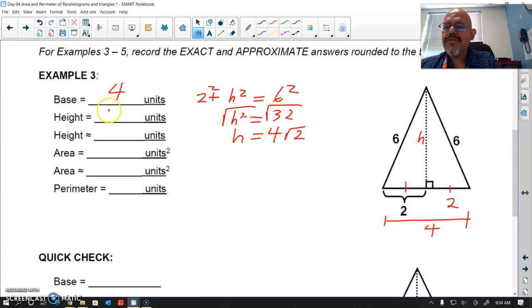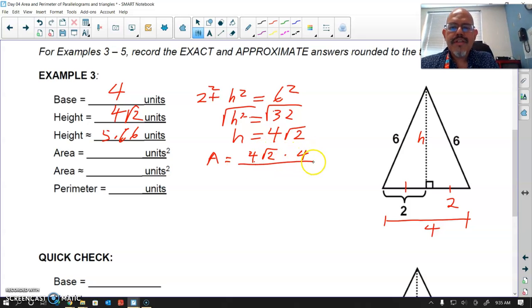The approximation is 5.66. Our exact area is going to be equal to 4 square root 2 times 4 divided by 2, so it's going to be 8 square root 2.